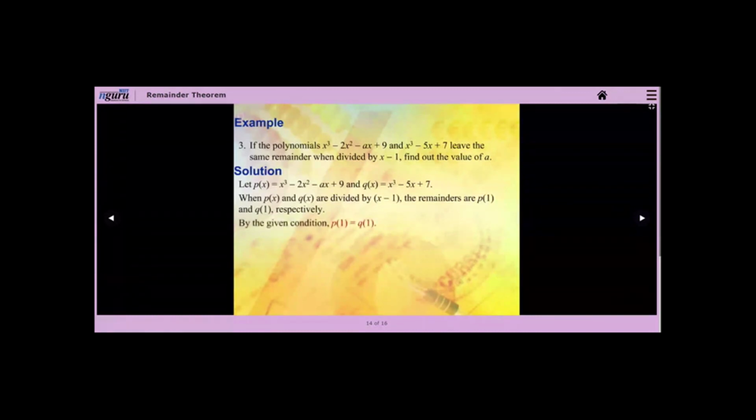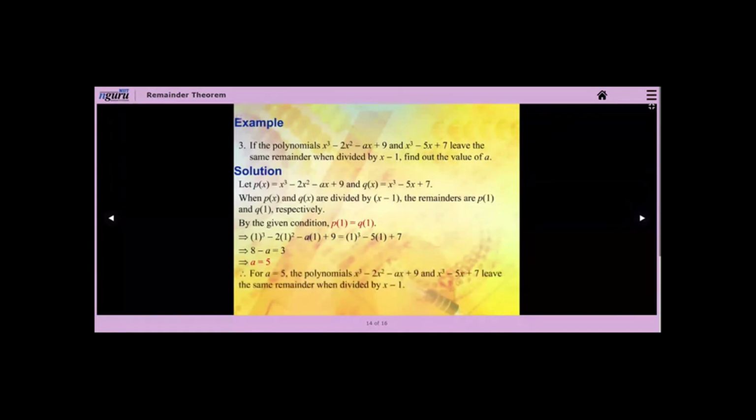It is given that the remainder is the same, which means p of 1 is equal to q of 1. Replacing the variable x by 1 and simplifying further, we get the value of a as 5. So, for a equal to 5, the polynomials leave the same remainder when divided by x minus 1.